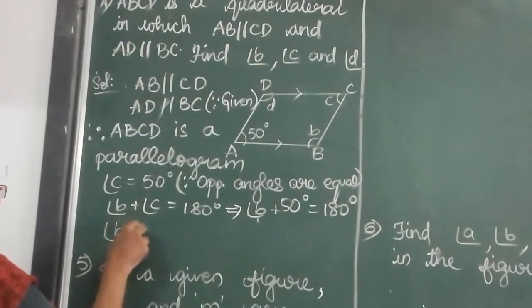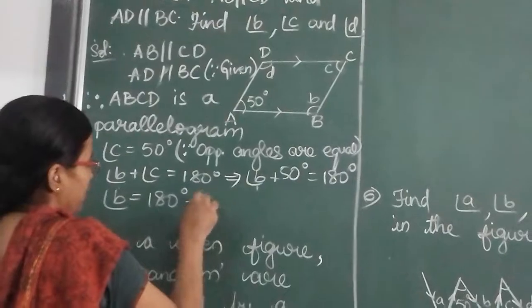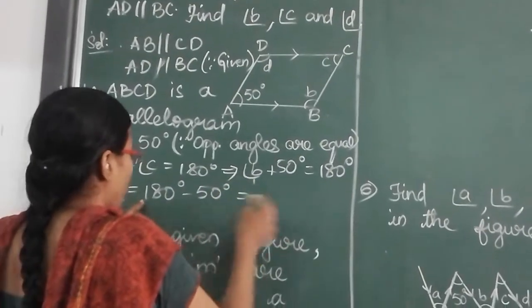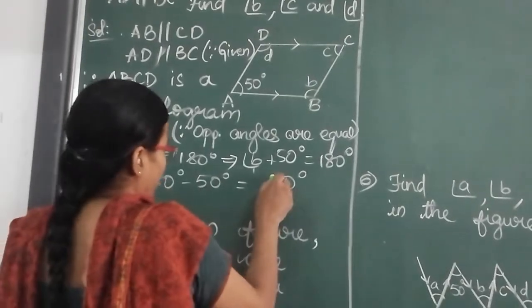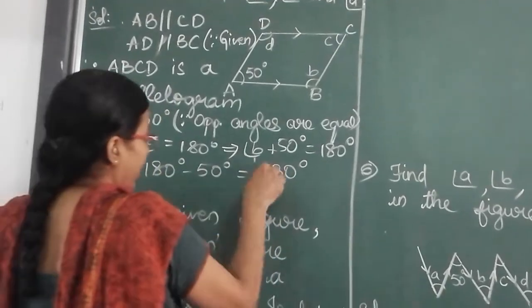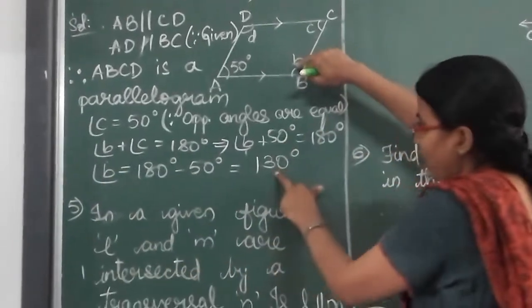So angle B is equal to 180 minus 50 degrees. 0 minus 0 is 0, 8 minus 5 is 3, and 1 as it is. So 130 degrees. Angle B you got as 130 degrees.